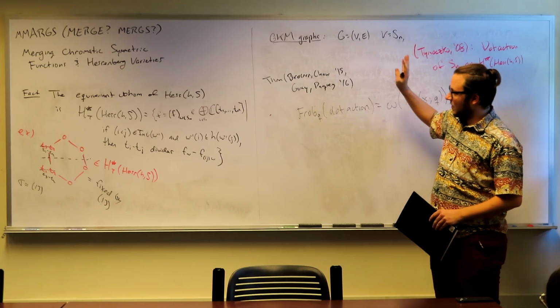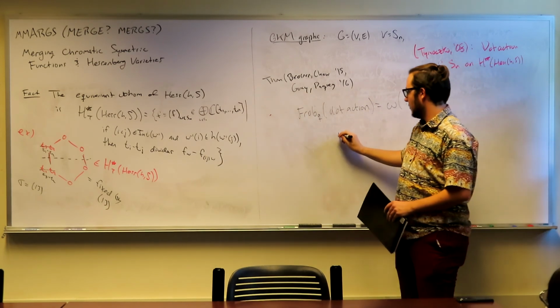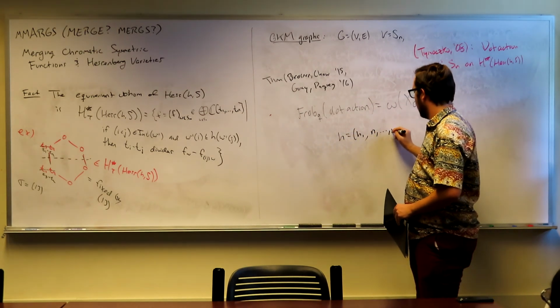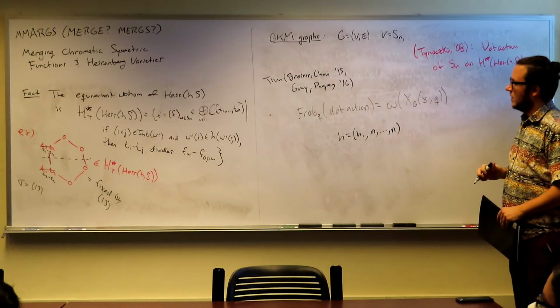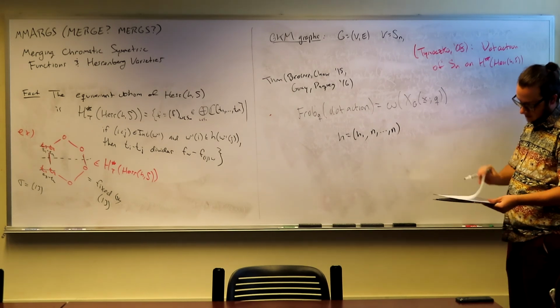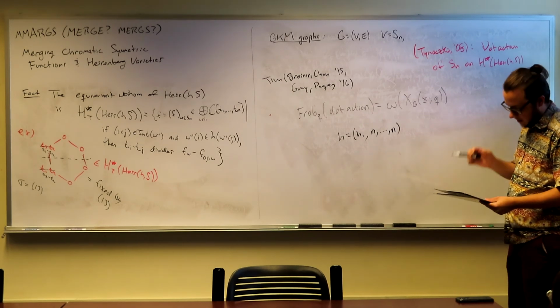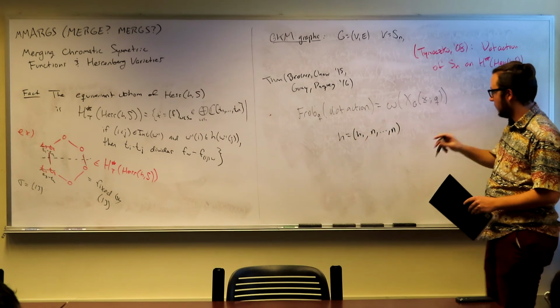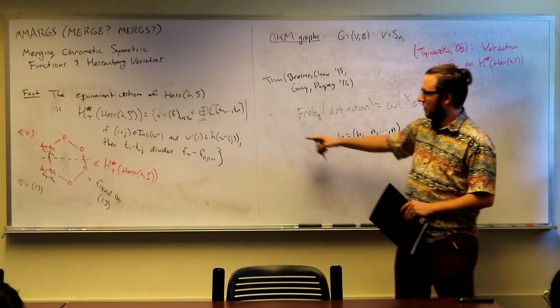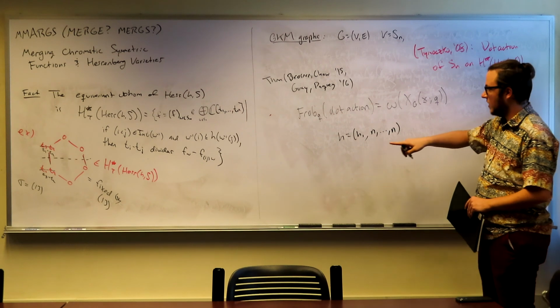For a very specific Hessenberg vector, h equals h1 n through n, Abe, Horiguchi, and Masuda found another way of describing the cohomology ring that doesn't involve these GKM graphs.